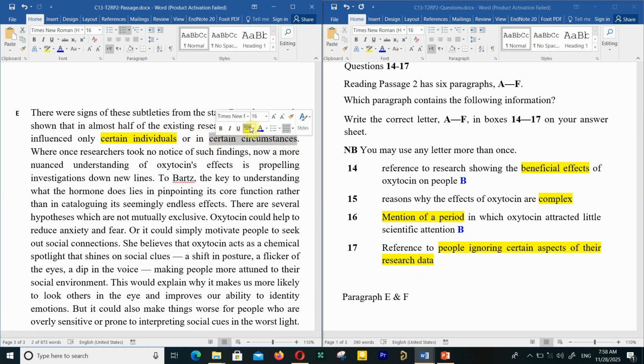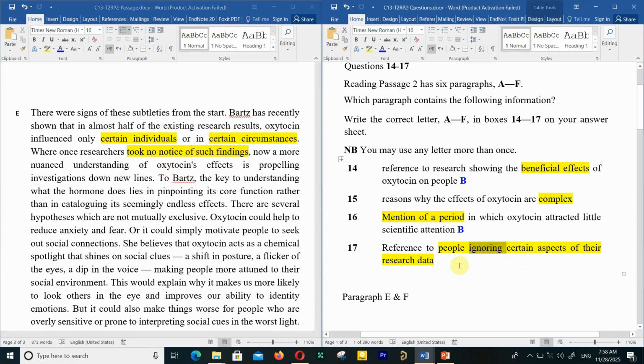So this is certain aspects maybe. Where once researchers took no notice of such findings. No notice of such findings means ignoring. So this is going to be E for question 17.